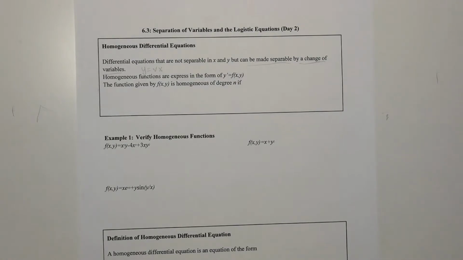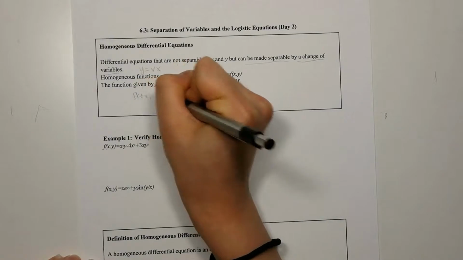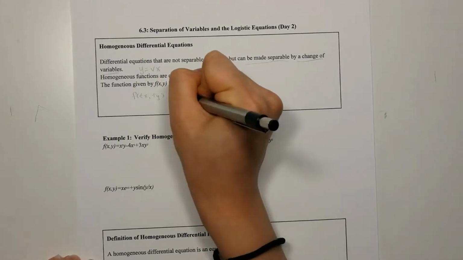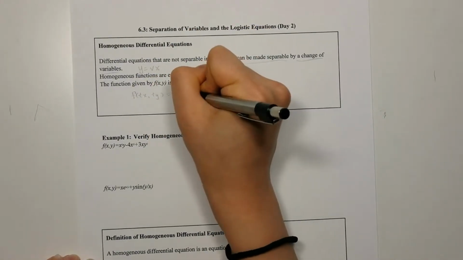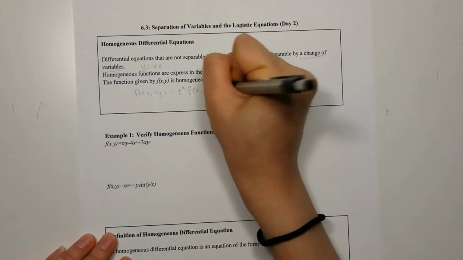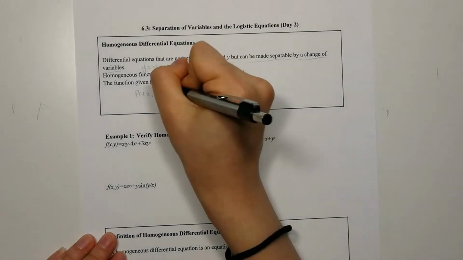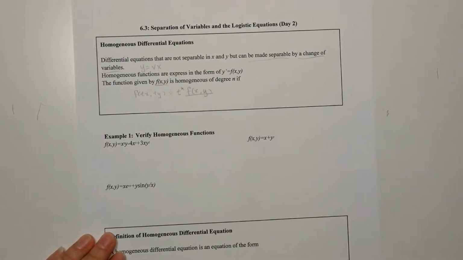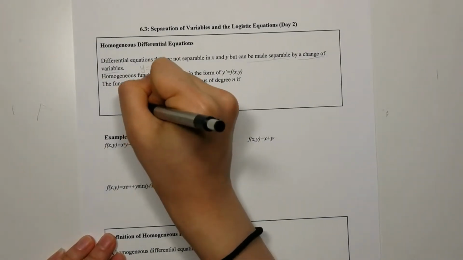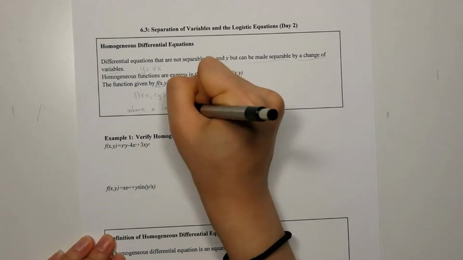The function given by f of x, y is homogeneous of degree n if f of tx, ty is equal to t to the n times f of x, y. So this is the original function. And also, by the way, n has to be a real number.